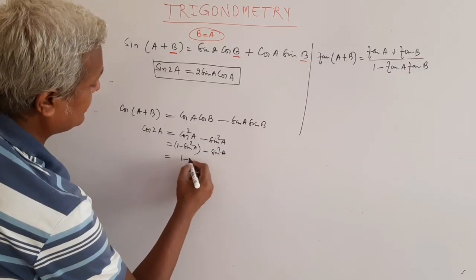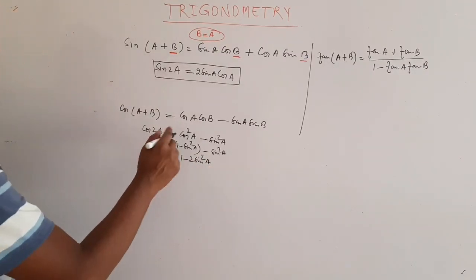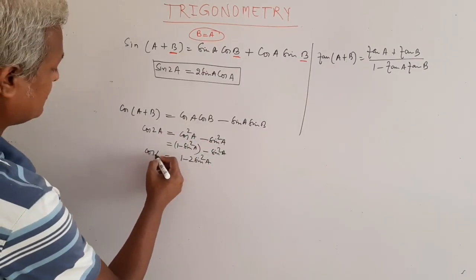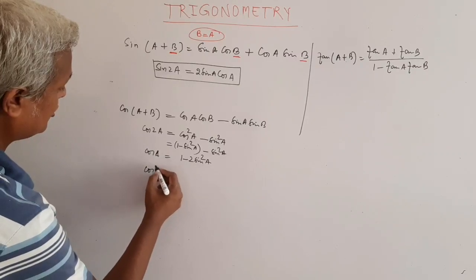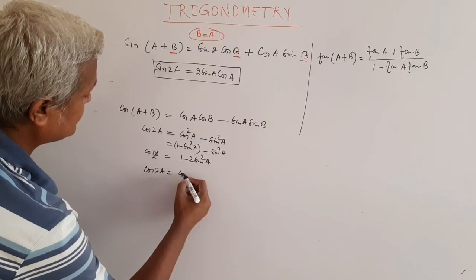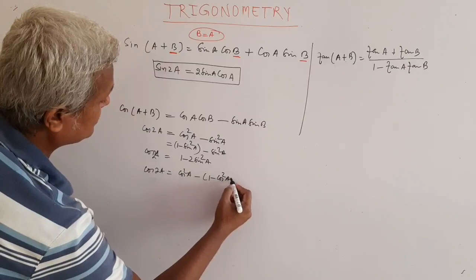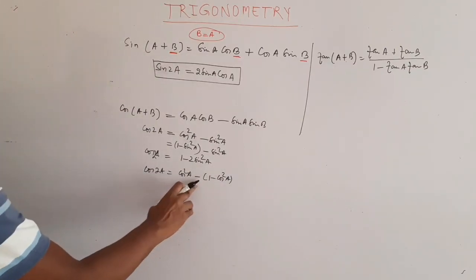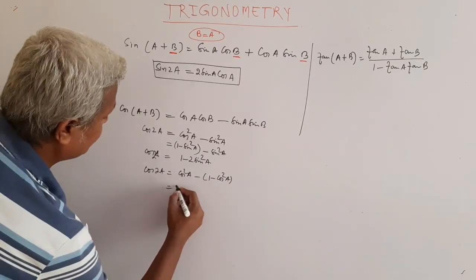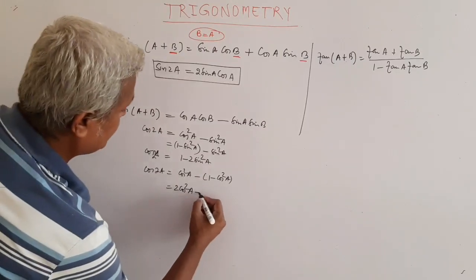So this becomes 1 minus 2 sine square a. If you replace sine square a with 1 minus cos square a, cos 2a is cos square a minus (1 minus cos square a). If you dissolve this bracket, this minus will become plus. So cos square a plus cos square a becomes 2 cos square a minus 1.